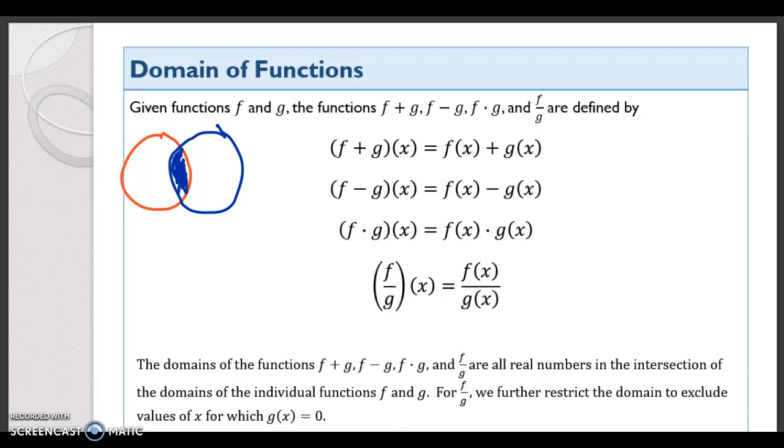Now, the only difference is for f over g, or f divided by g, we further restrict the domain to exclude x values for which the denominator is equal to 0. Because again, the denominator can't be equal to 0 or we're dividing by 0, and that's not something that we can do mathematically. Okay? So remember this picture for intersection as we go on to discuss a little more about that.